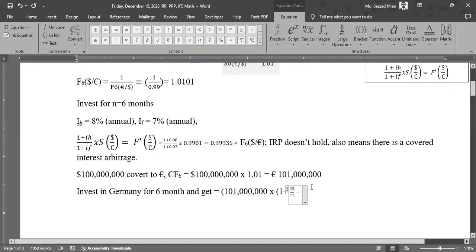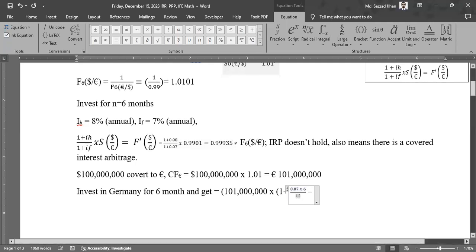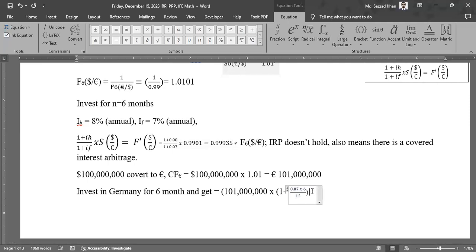Okay, what was the numerator? 0.07 into 6 months divided by 12. Okay. Now we close the bracket.